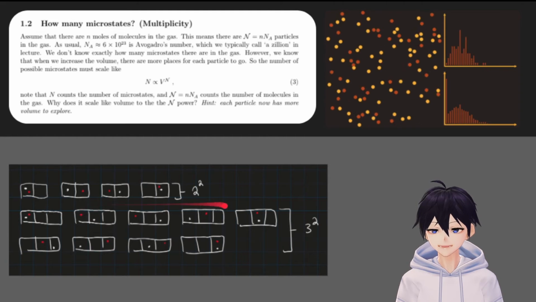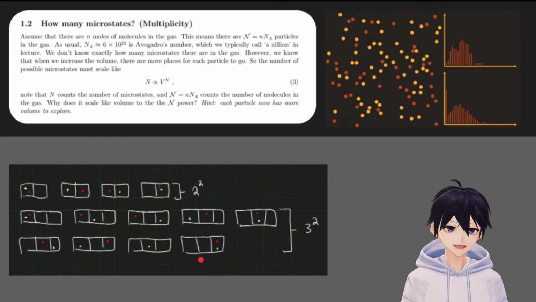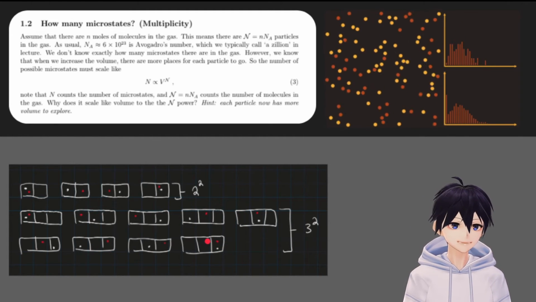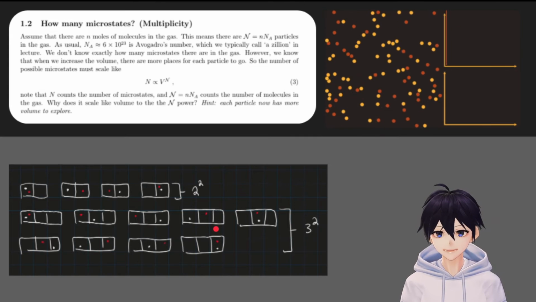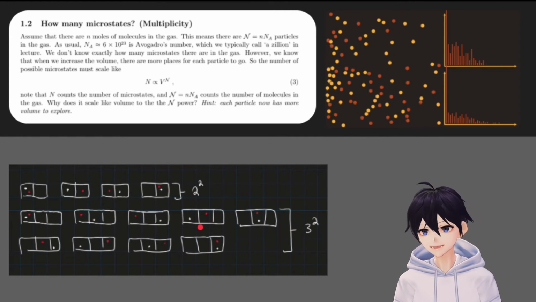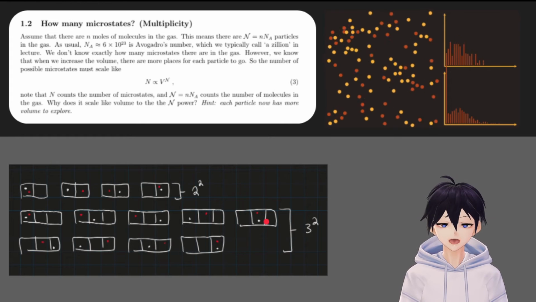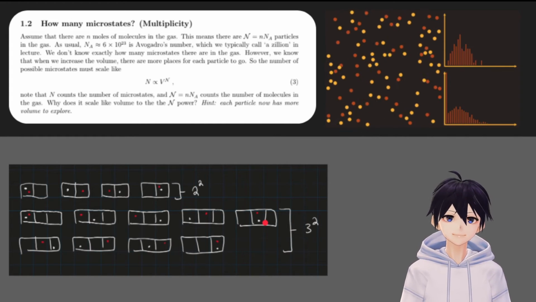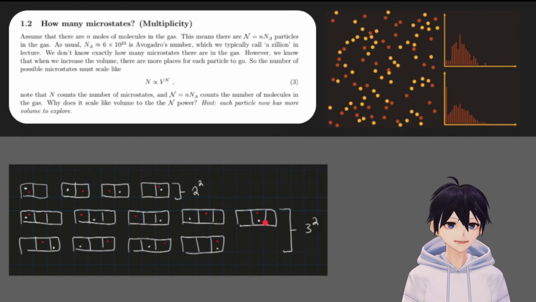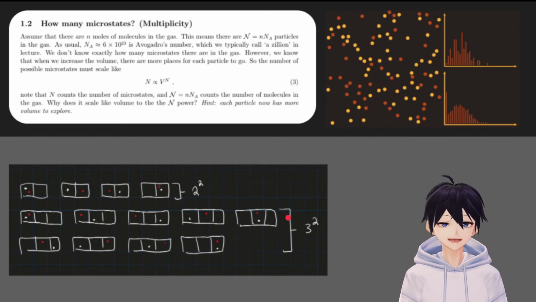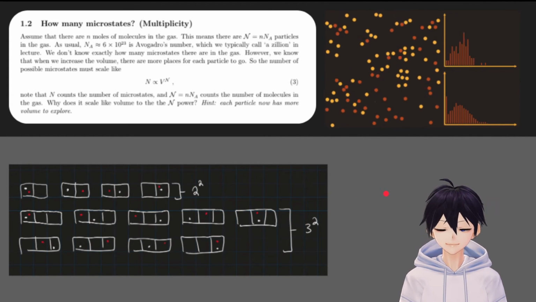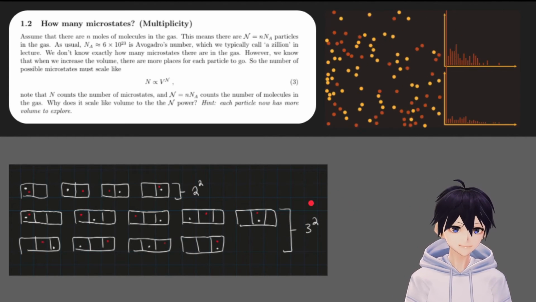If we add another spot, so now we have 3 spots with 2 particles, it gives us even more different states or combinations. And when you add more spots, it becomes exponential. There are a bunch more combinations, more states that those particles can be in.